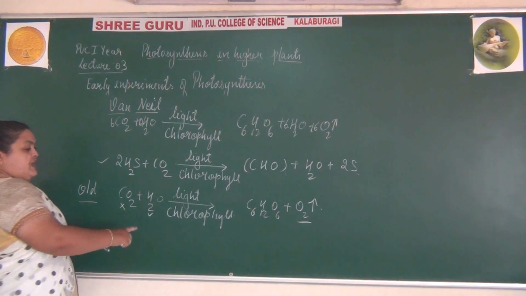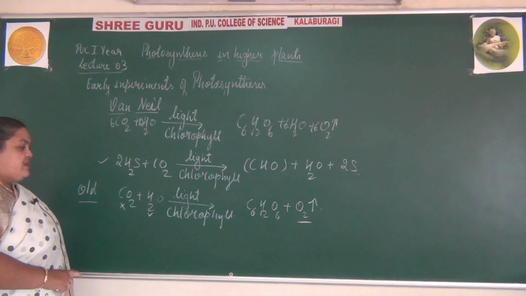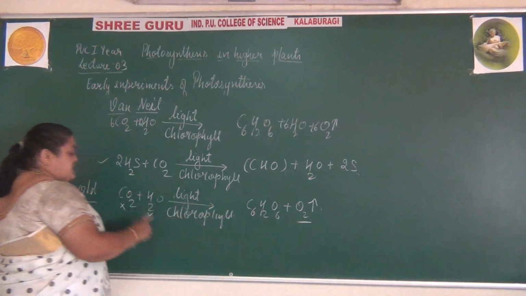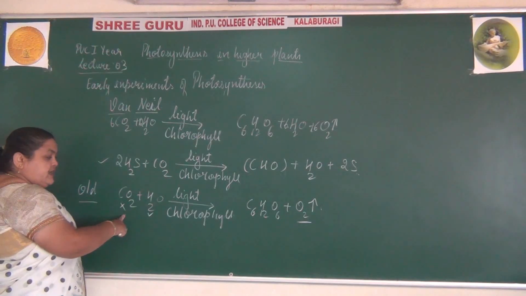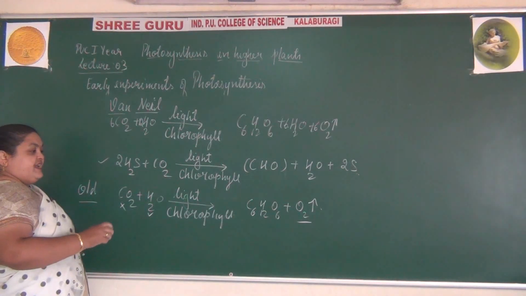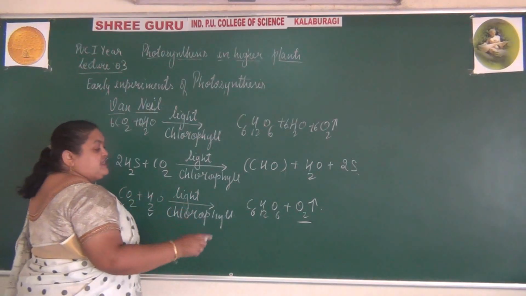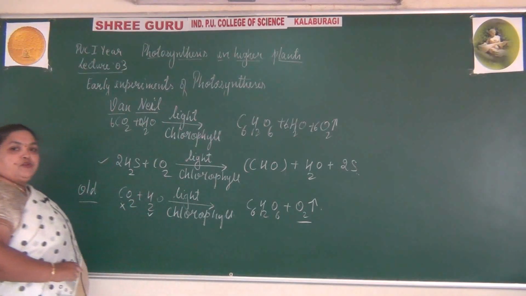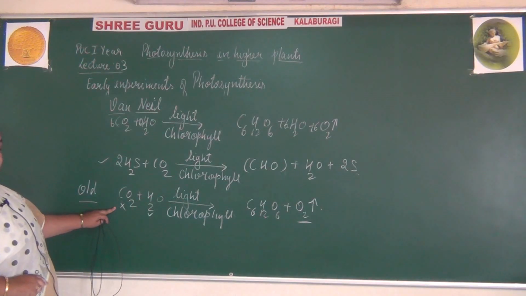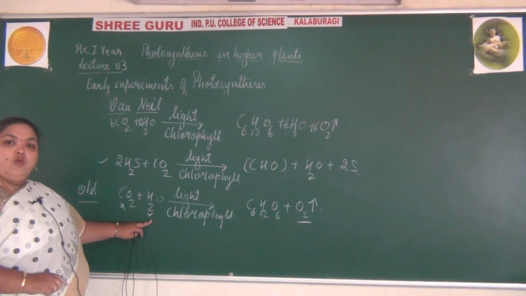So if you see the old equation, which says that oxygen is released from carbon dioxide and not from water, he indicated that the oxygen that is being released during the process of photosynthesis is not from carbon dioxide but from the water.